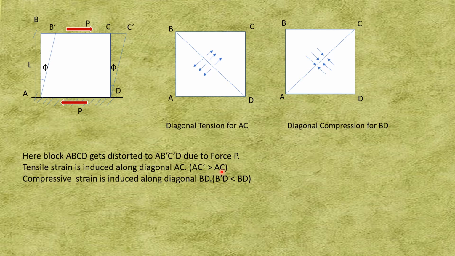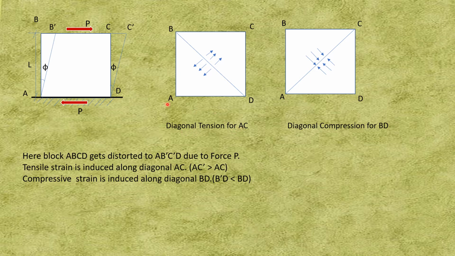The length AC dash is more than the length AC. So there is an increase in length from AC to AC dash, so tensile strain is induced along the diagonal AC. Here I am showing the tensile forces along AC, the pulling forces in the direction of AC. So there is diagonal tension for AC.